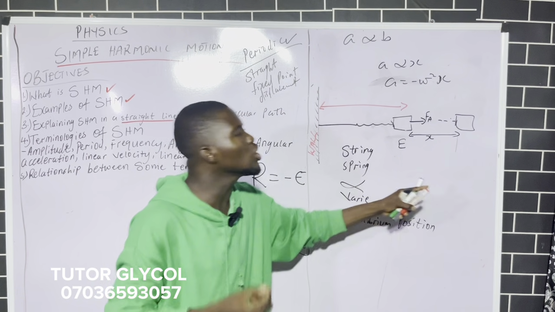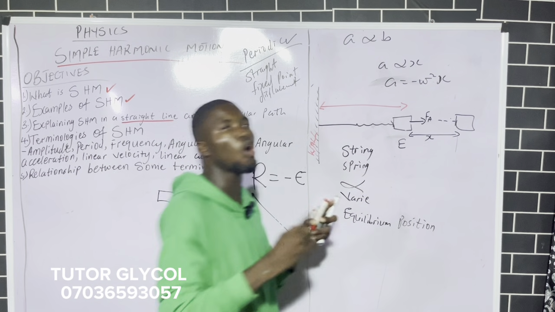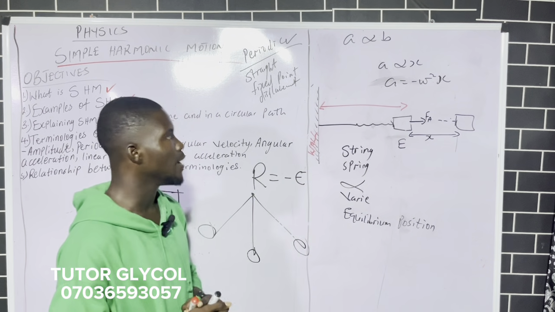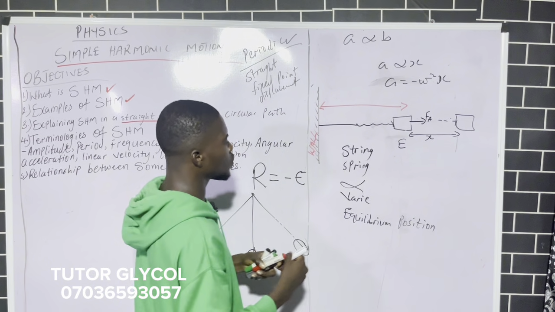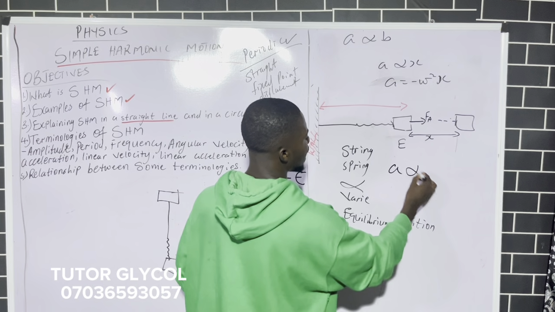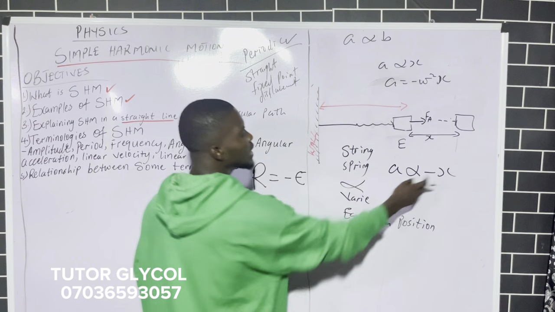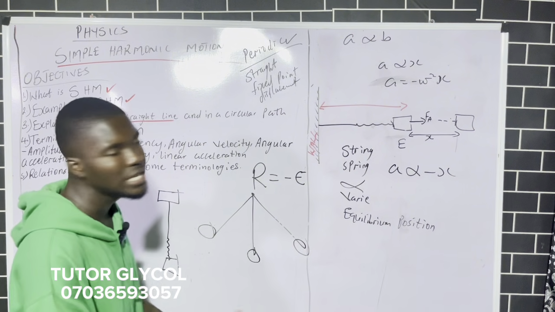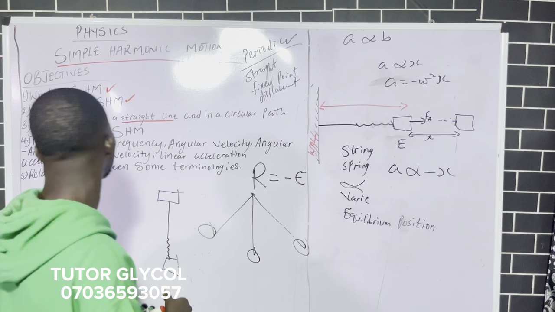So acceleration is proportional to the displacement and also opposite to the displacement, and that's why the negative sign is there. So the best way to write it is: a is directly proportional to minus x. The negative means that the acceleration is opposite to the displacement. The proportional sign means that it varies with it. It is very, very important to take note of that.